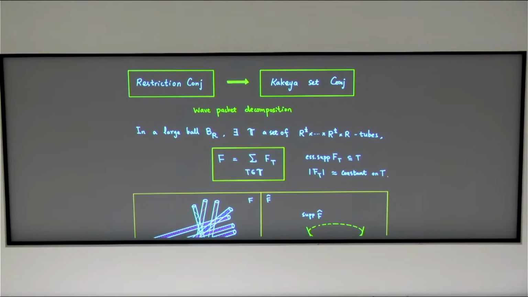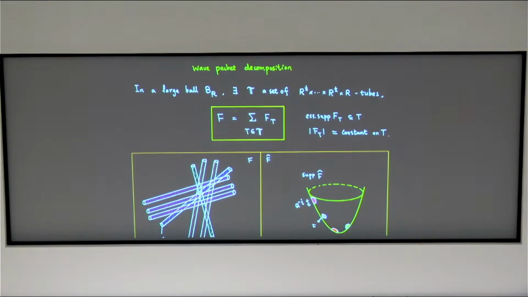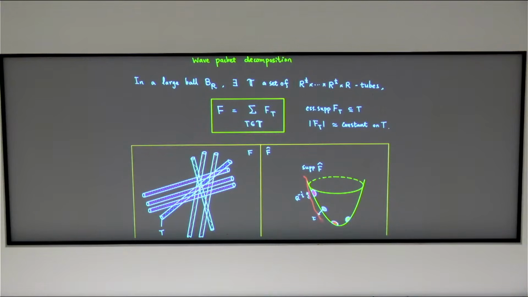So in a large ball of radius R, for a function f with Fourier transform supported on the paraboloid, one can decompose such f into a sum over wave packets. And each wave packet, f_T, is essentially supported on one of those long skinny tubes.